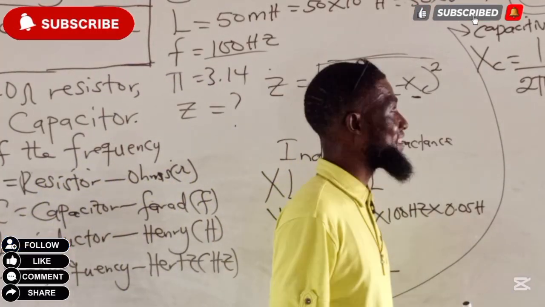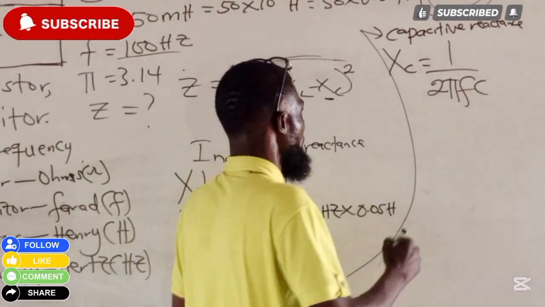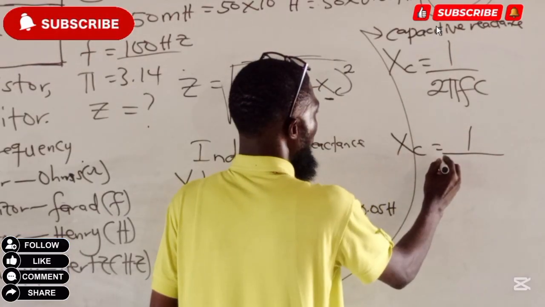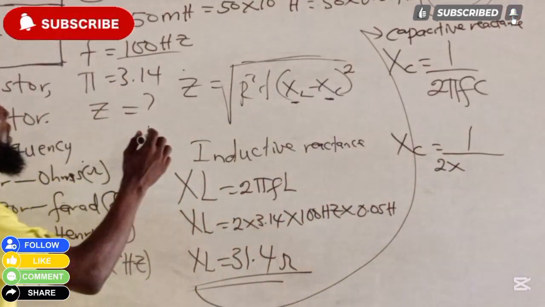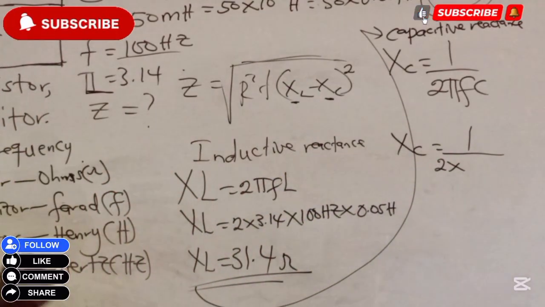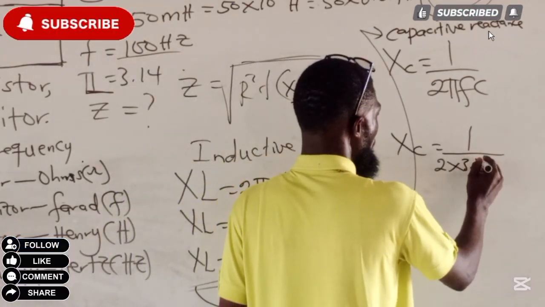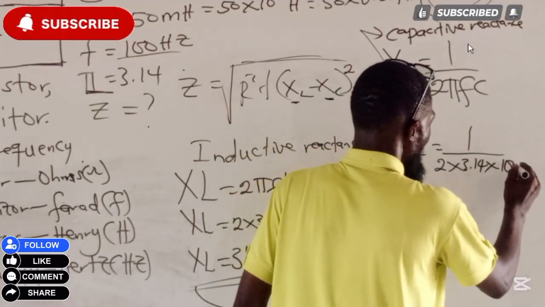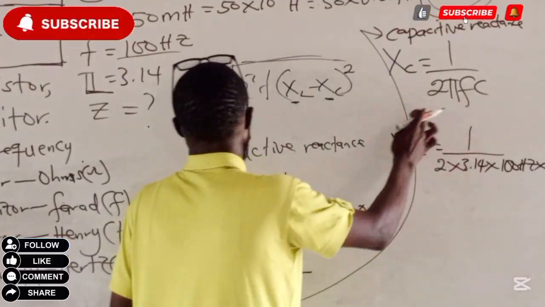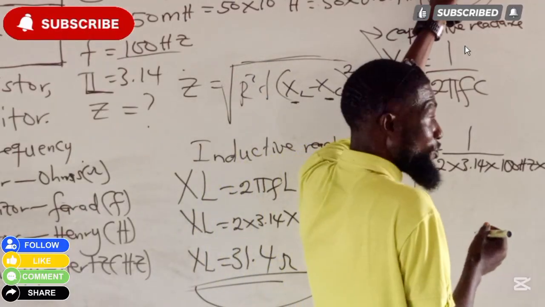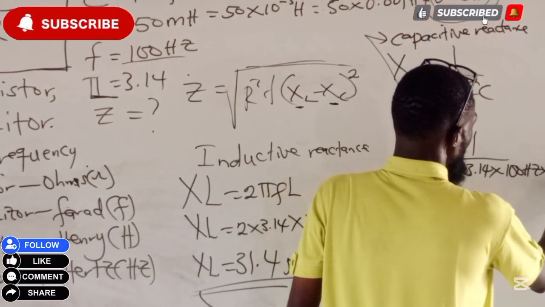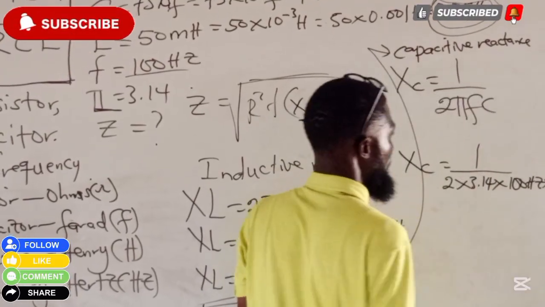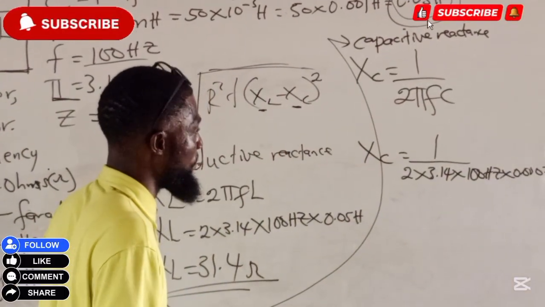So XC will be equal to 1 over 2 times pi, which is 3.14, times F, the frequency, which is 100 hertz, times the capacitance, which we'll represent as 0.00075 F, farad. We'll be using it to solve our problem.